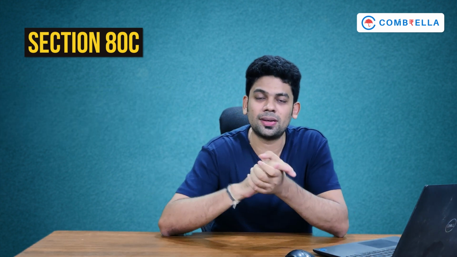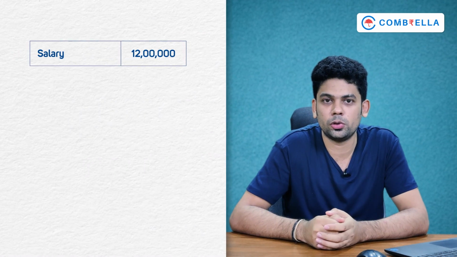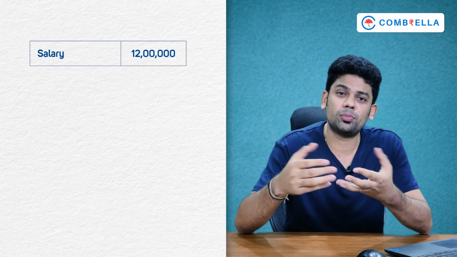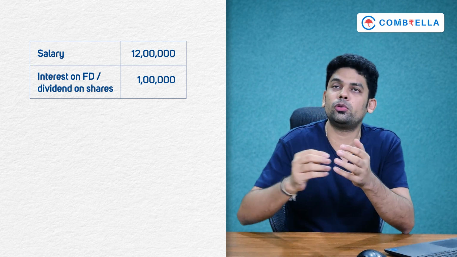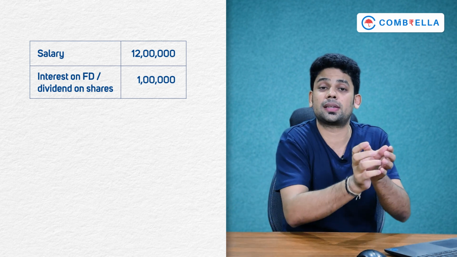Now let me tell you, friends, with the help of an example and with numbers, how these tax deductions help you in saving taxes. Let us assume you get a salary of say 12 lakhs per annum. Apart from that, you have some fixed deposits on which you get interest, and you get dividends on the shares of companies in which you have invested, and these two come to say 1 lakh.